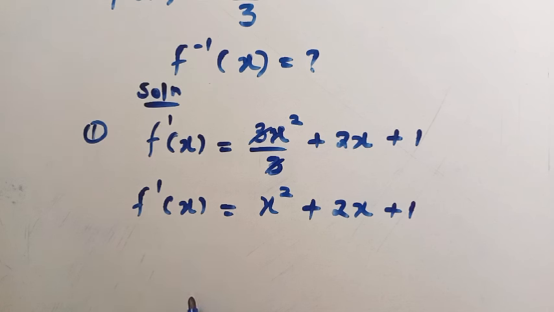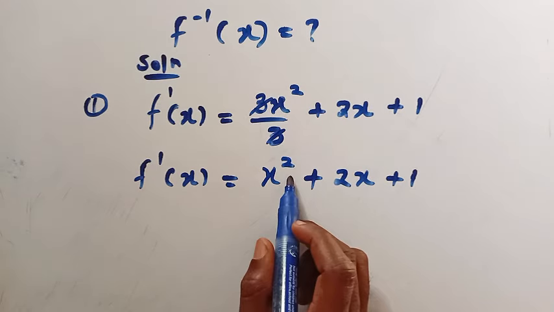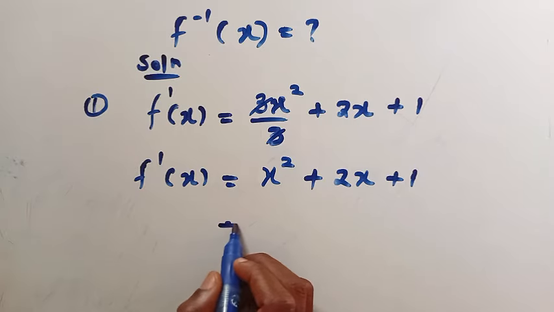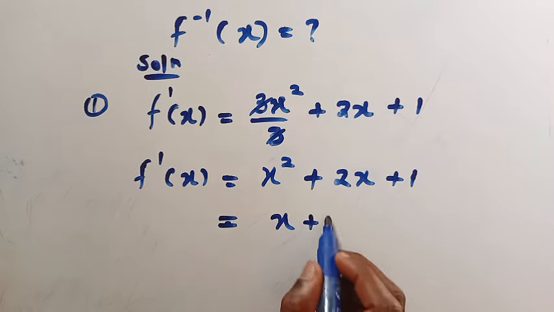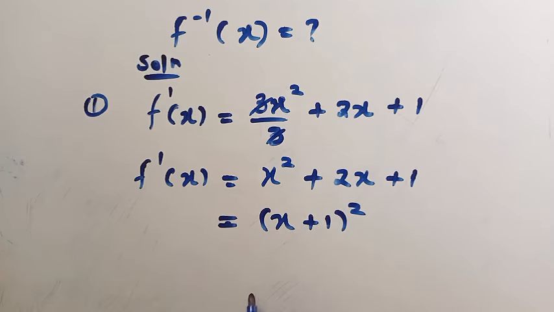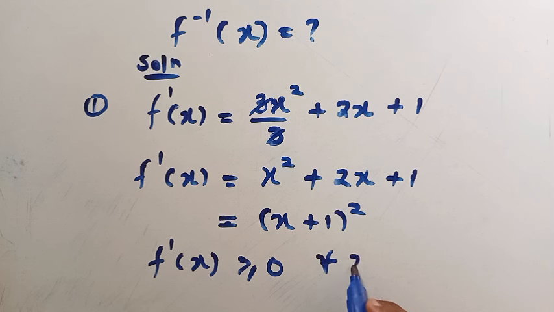And in the next step, let's rewrite this x squared plus 2x plus 1 as x plus 1 raised to the power of 2. It's still the same thing. So this is telling us that f prime of x is always greater than or equal to 0. For any value of x that we plug in here, it will always be positive or equal to 0.